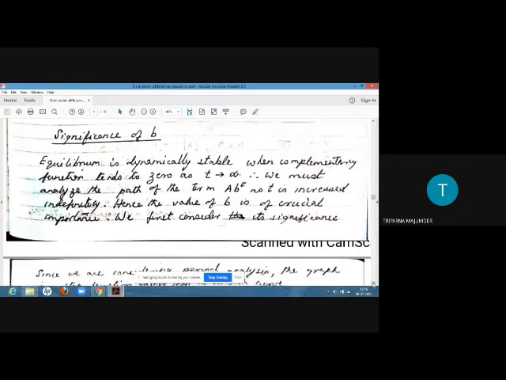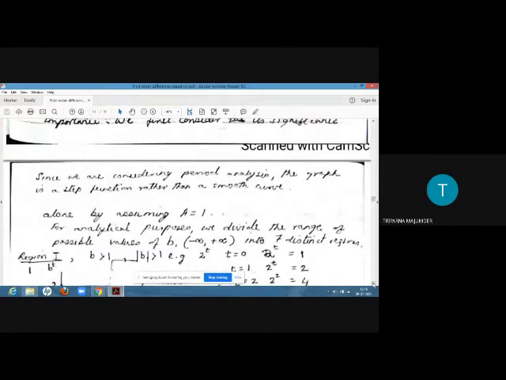First, we consider its significance alone by assuming a is equal to 1. Since we are considering period analysis, the graph is a step function rather than a smooth function. That is, there are steps in the graph.